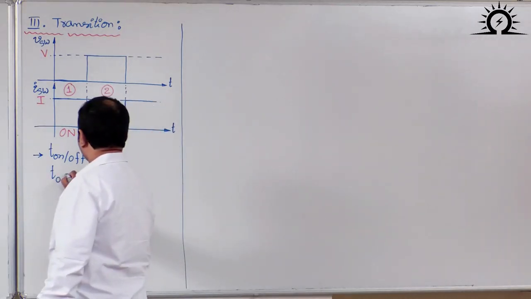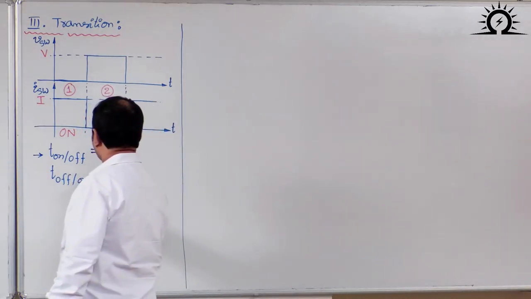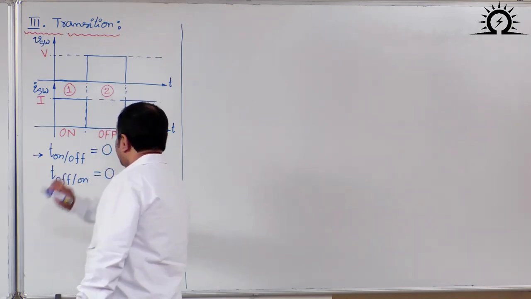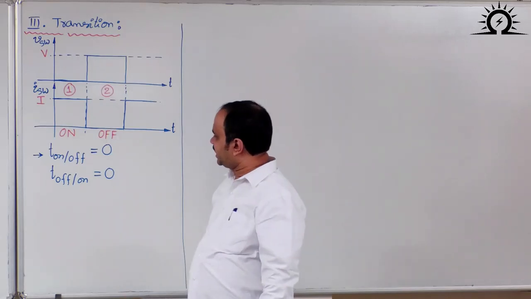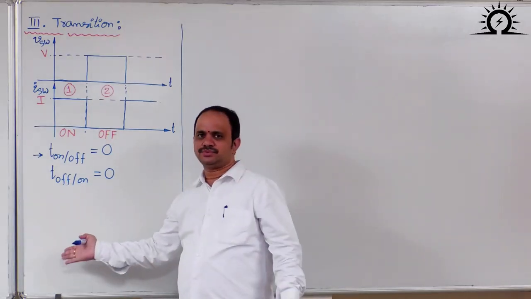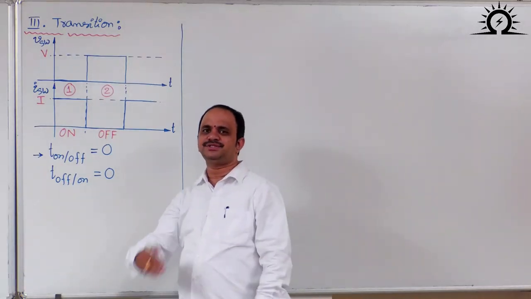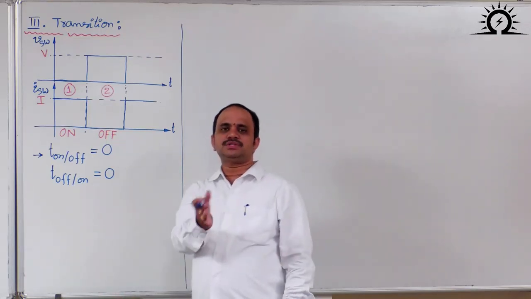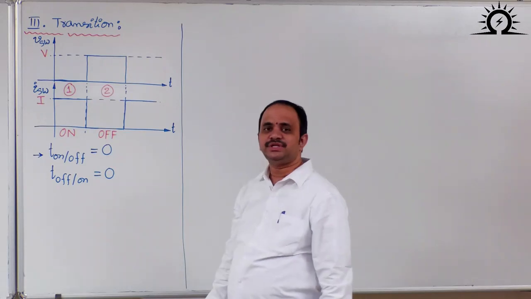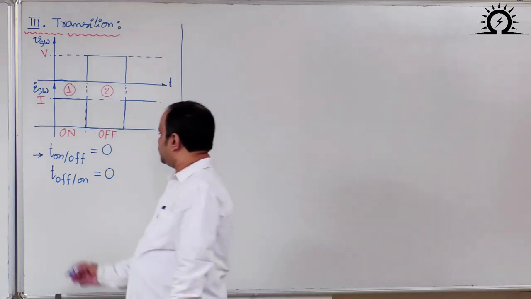Time taken for off to on transition is equal to 0. Some authors used to say this is a crossover time also, okay. It's just a terminology. Transition is a very popular word, but some people will also use crossover time for these switching actions, okay.